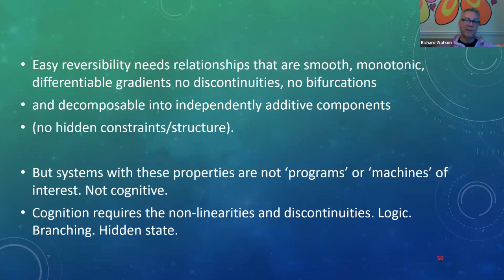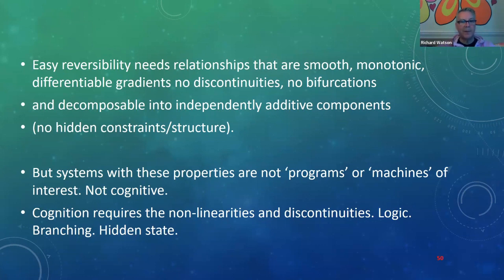Now, easy reversibility of this kind needs relationships that are smooth and monotonic and differentiable gradients with no discontinuities and no bifurcations, such that it's decomposable in independently additive components. Each of the little bits just add up to the whole in such a way that you can reverse it. There needs to be no hidden constraints or structure that stops that happening.